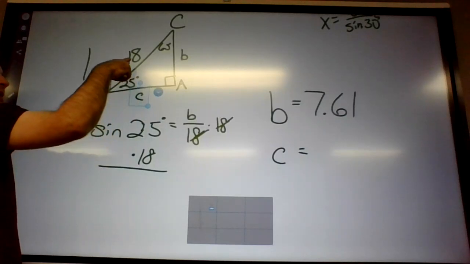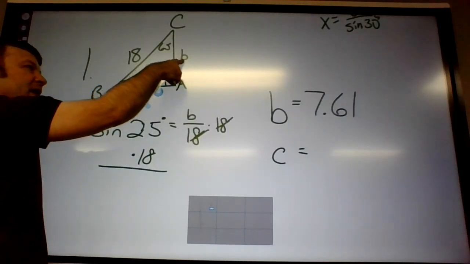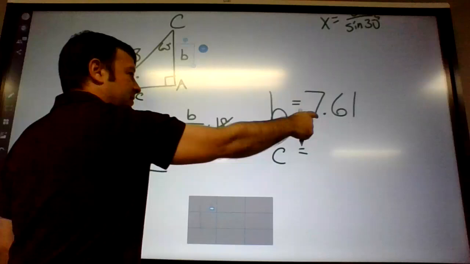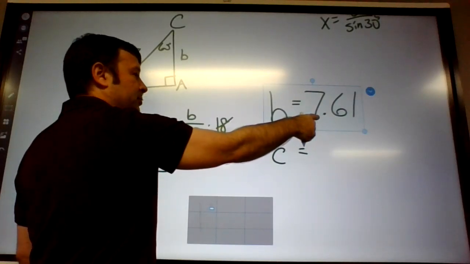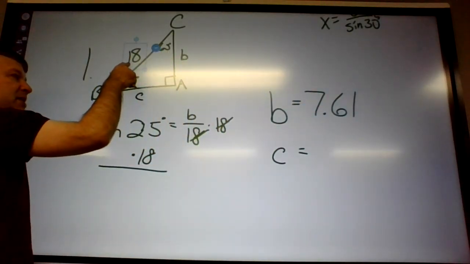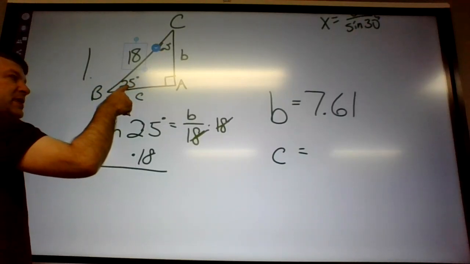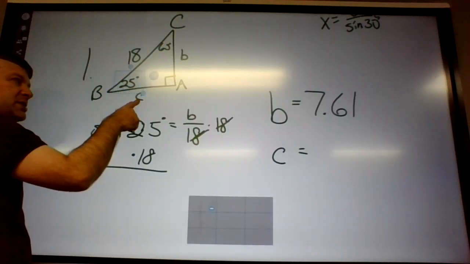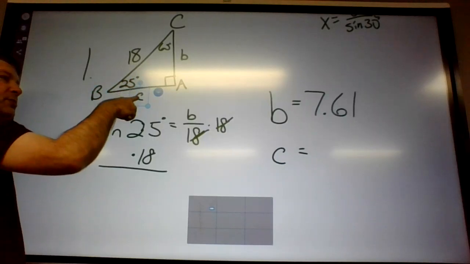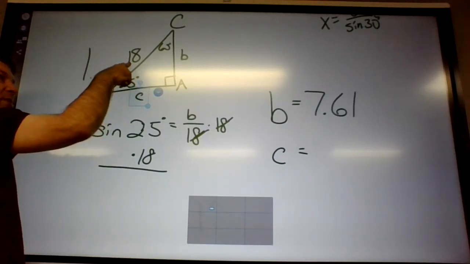Adjacent. Now, we do know the opposite now, but because this is a rounded value, it will be less accurate. So we'll just use the 18 still. So relative to this angle, we're looking for the adjacent. We have the hypotenuse.